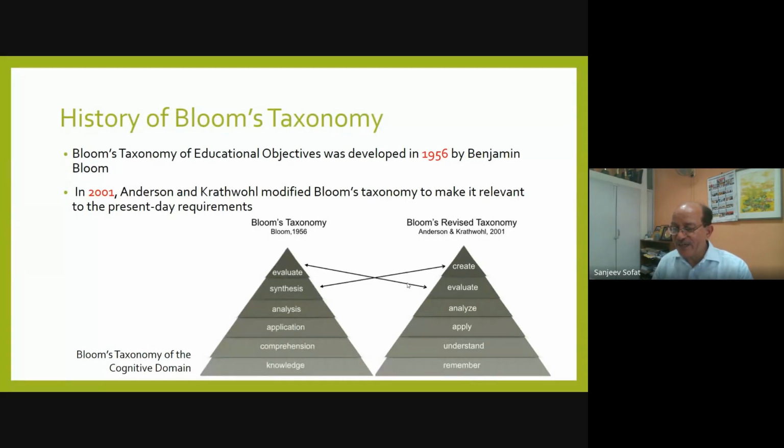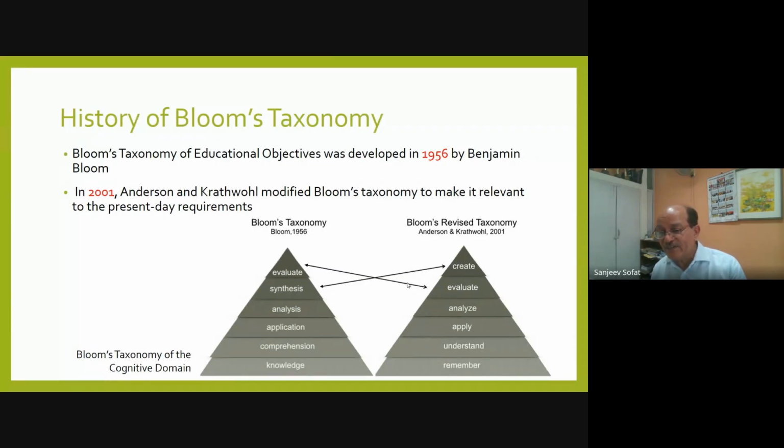Because if you look at remembering, it is a very low level of learning which our students are having. If they remember 100 formulas, that's not what we want. Remembering is the lowest level of learning, understanding is the next level, apply is the next level, then you analyze, then you evaluate, then you create some new knowledge.